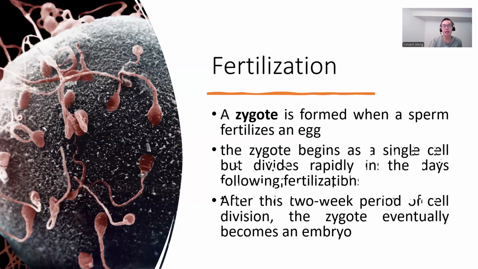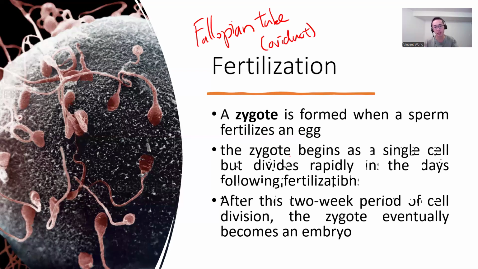So the egg gets released from the ovaries, and it's going to enter the fallopian tube, also called the oviduct, and that is the location where fertilization could take place.